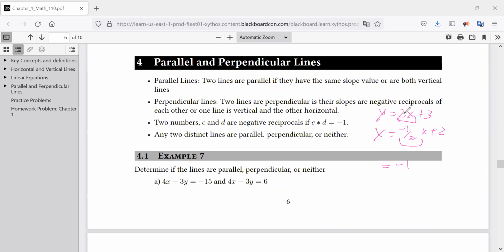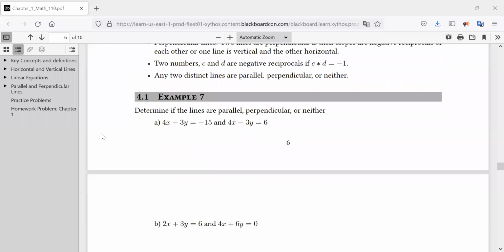So they're reciprocals because 2, you flip it over, you get 1/2, and they're negative because one's just the negative of the reciprocal of the other. So if we flip it and then make it negative, that means that they're going to be perpendicular to each other. If none of that holds, then none of it holds.